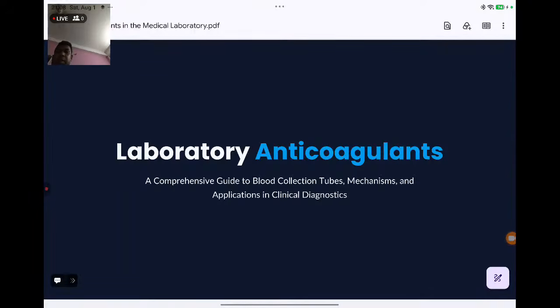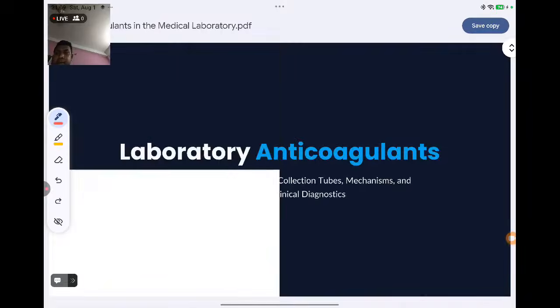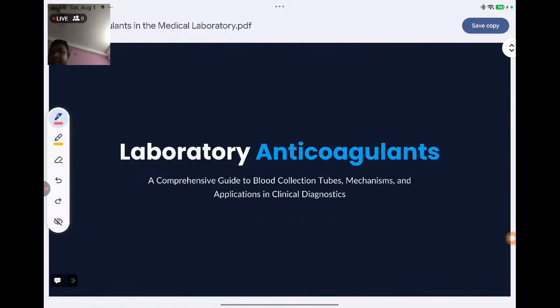First we have to know about different types of anticoagulants which are used in the medical laboratory, and it will be a comprehensive guide for the blood collection tubes, their mechanisms, and their applications in clinical diagnostic. Okay, so I wish it will be a great session for you and you will enjoy this session to the fullest.